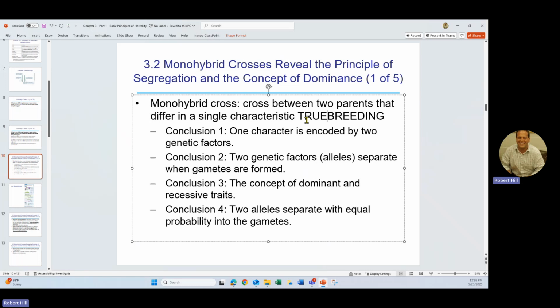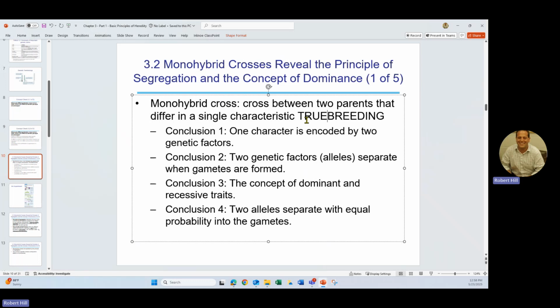A true breeding plant is a plant that when mated with itself, 100% of the time, the progeny are going to be identical to the parent. So basically you've gotten rid of all of those recessive genes. Every time you mate it with itself, the progeny are identical to the parent.